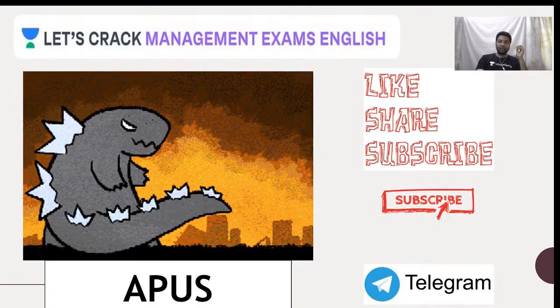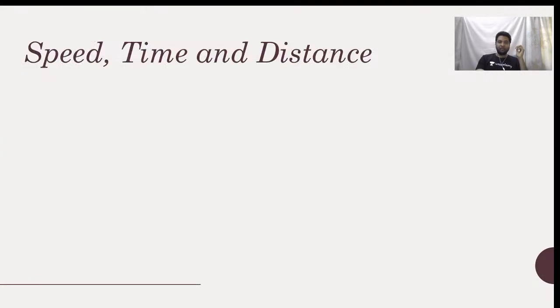Okay. That said, let us look at conceptually what it means and what understanding we need to have as far as speed, time, and distance is concerned and the relationship between the three. Then we'll start solving the questions.